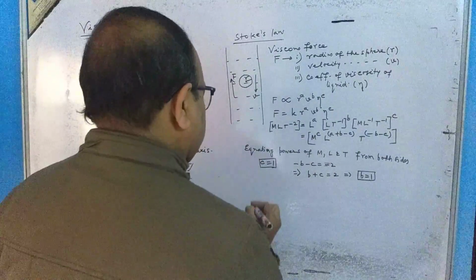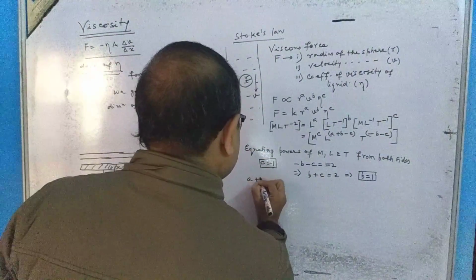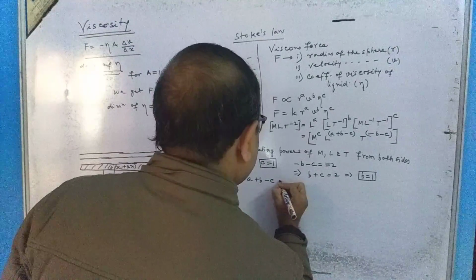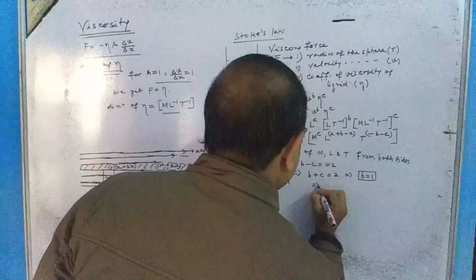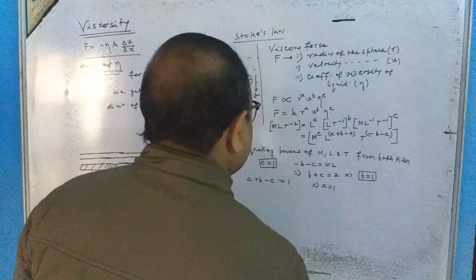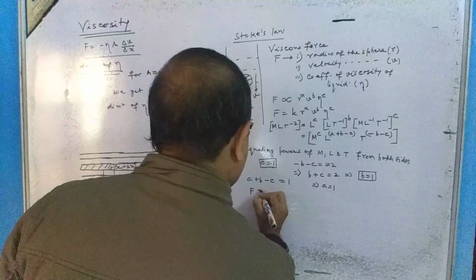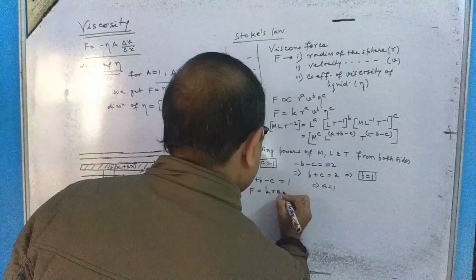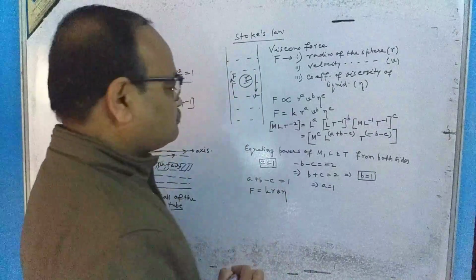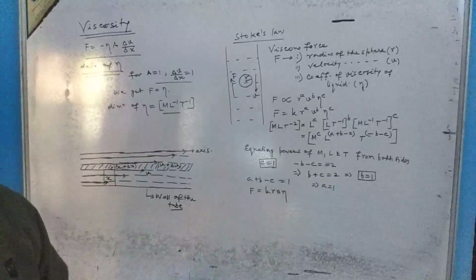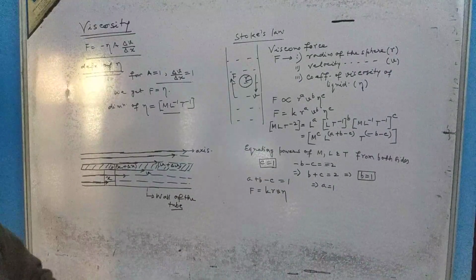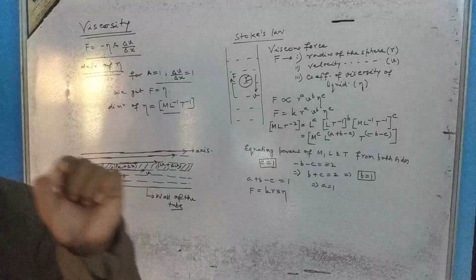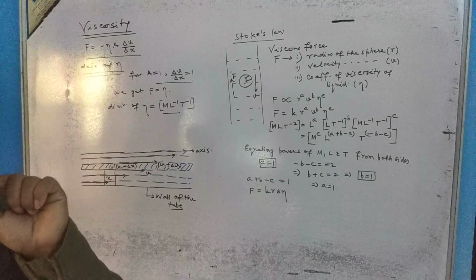And now a plus b minus c, the power of L, is equal to 1, and you will see a is also equal to 1. That means F is equal to K R V eta. I hope you can get it. All values a, b, c have come out equal to 1 by the method of dimensions.